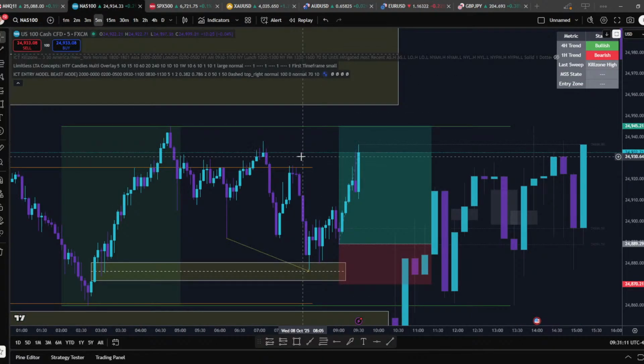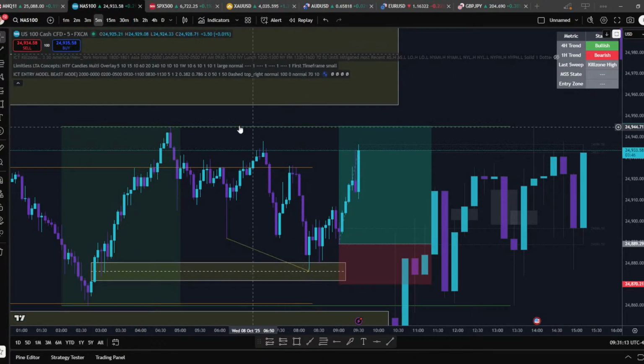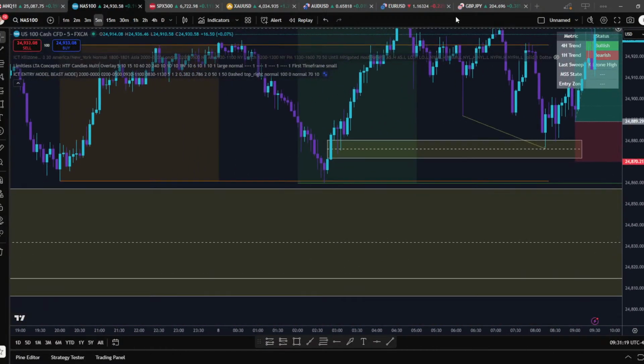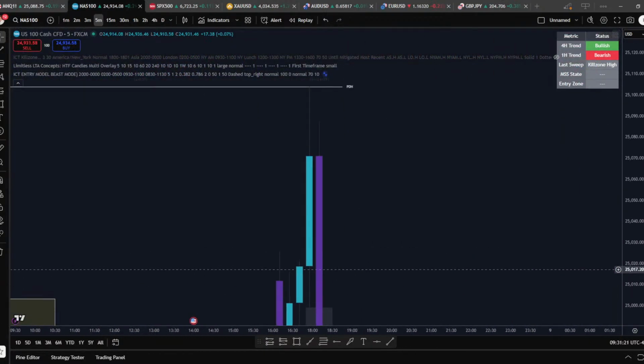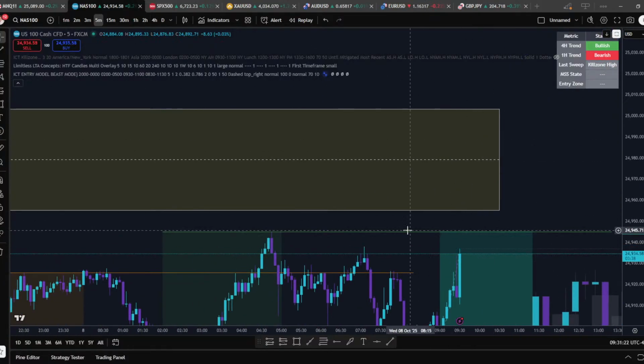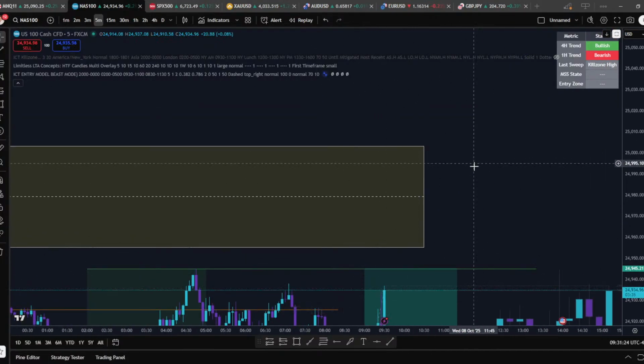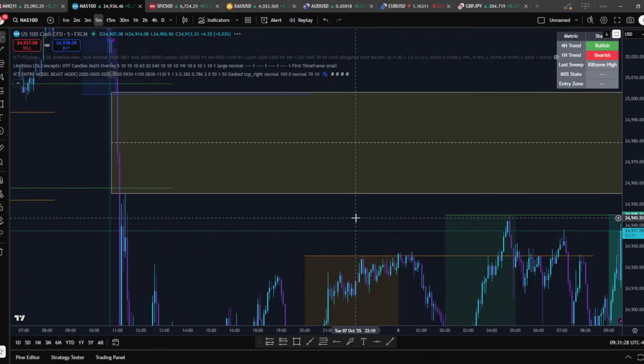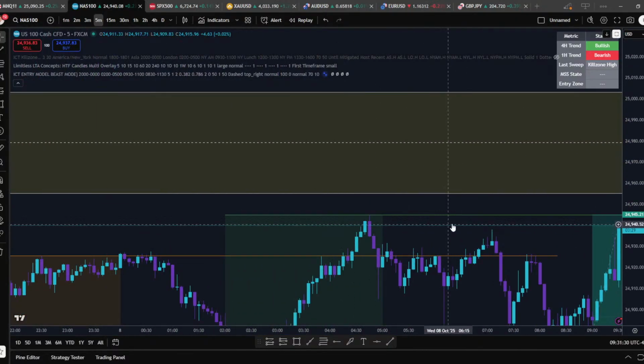Wow, look at that. Look at that. We're coming for Asia highs. Okay, there's a lot of room from where it is now to previous day high. This target here is a very important target. Okay.